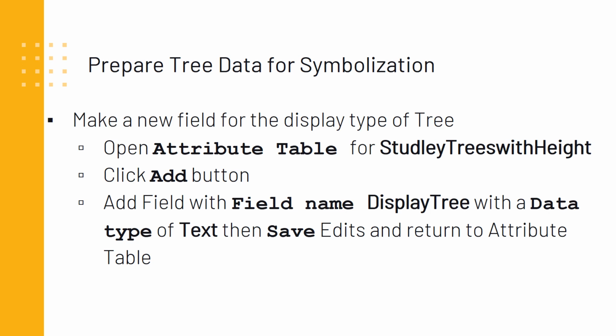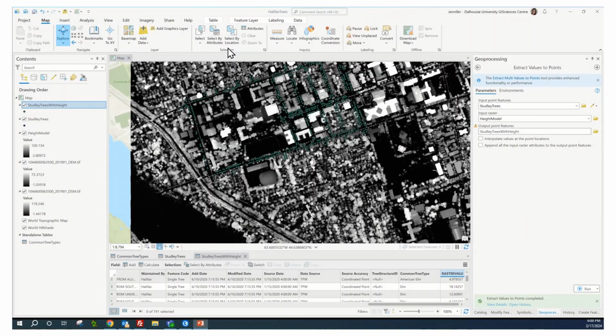Save the edits and return to the attribute table. Because our database for our 3D trees doesn't contain all the trees, we're going to create a new field called display trees, and therefore we'll adjust that layer accordingly from our data.